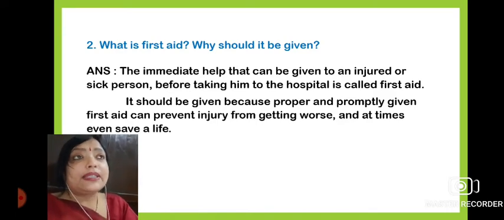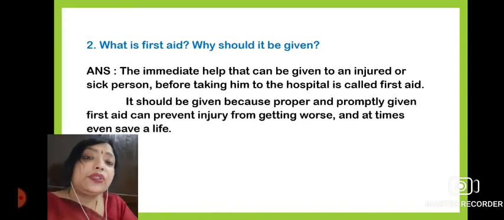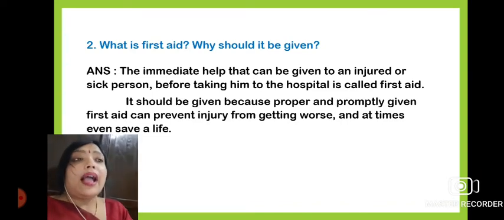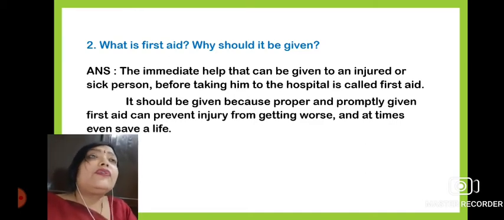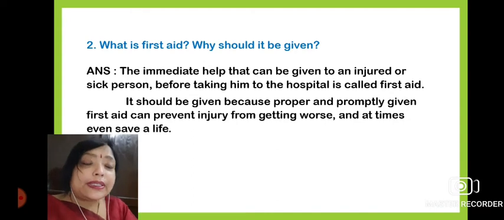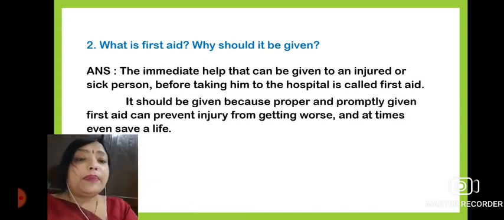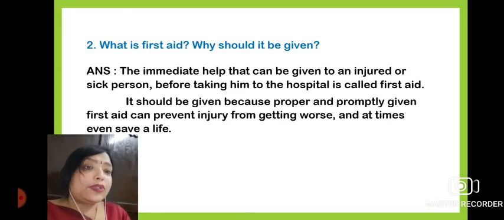Suppose a person has a severe wound and severe blood loss, and instead of thinking about that, we do some first aid whatever we know, maybe that is not applicable for patients who have wounds. Then that first aid would cause a lot of difficulties for the patient, which may also make the patient much more sick. So these two things, prompt and proper, have to be there.